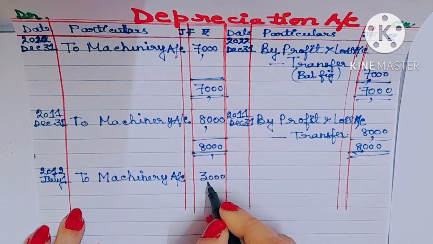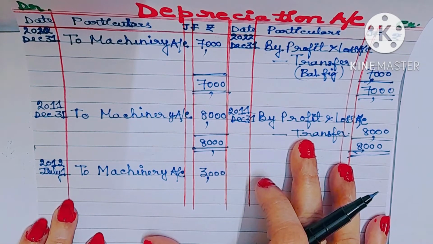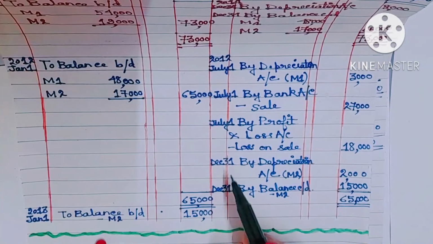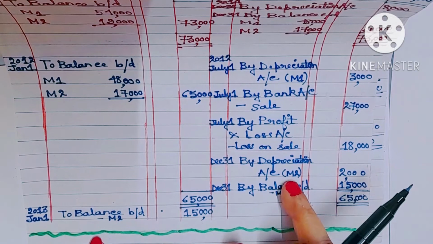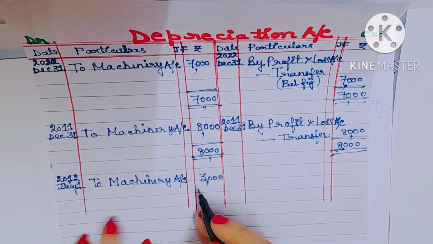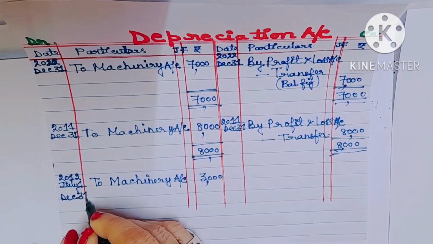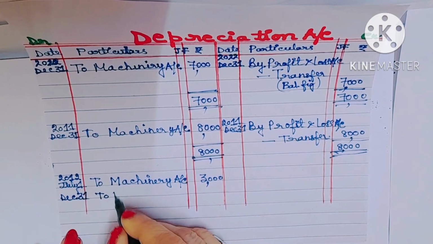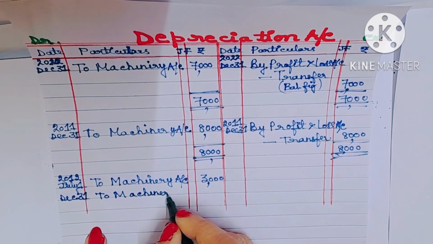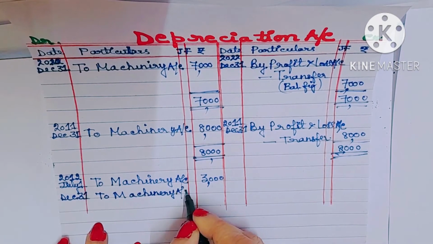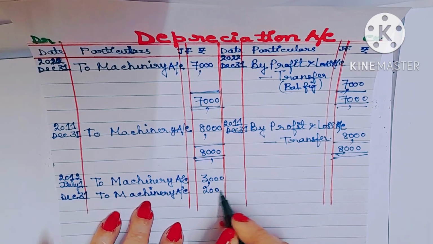So let's write the depreciation for the second machinery in the year 2012 again. Let me show you. On December 31st, by depreciation account, second machinery 2,000. So let's write December 31st to machinery account, how much? 2,000. So we'll write 2,000 here. Which side is greater?